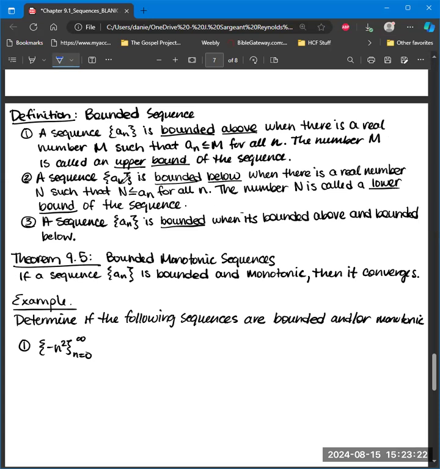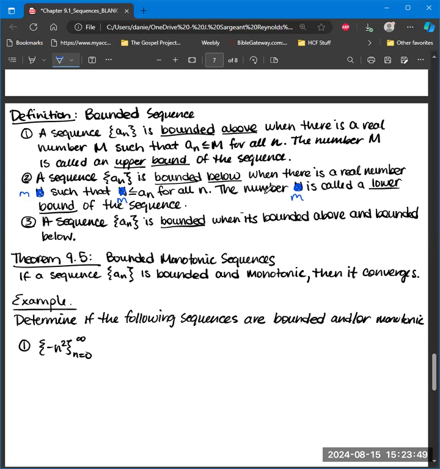The sequence a sub n is bounded below if there's a real number, I don't like n, I like little m for minimum, less than or equal to a sub n for all n. The number little m is called a lower bound of the sequence.